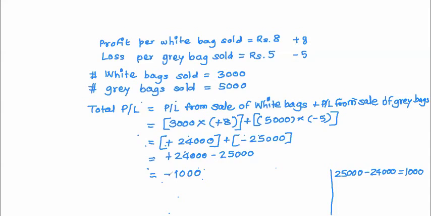And negative sign to the answer indicates that it is a loss. Therefore, company makes a loss of rupees 1000. And because I'm using the word loss of, I'm not putting the minus sign here.